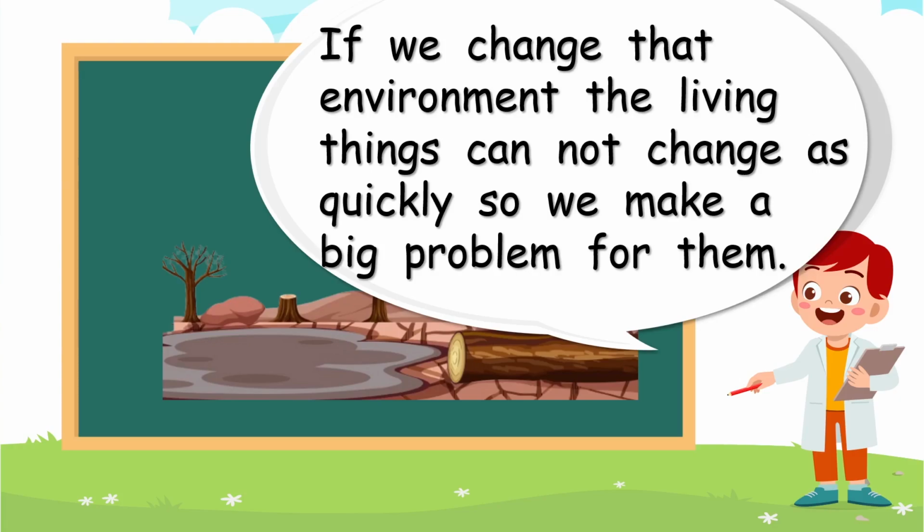So we make a big problem for them. We said earlier that environments are always changing very slowly. But now, because of what people are doing, some environments are changing too quickly.